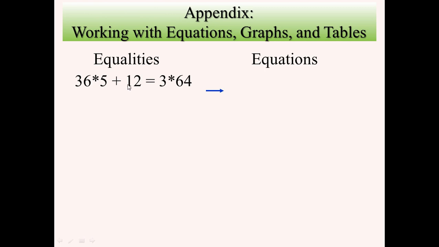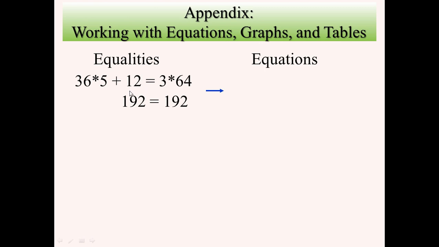We call this expression an equality because the left hand side is equal to the right hand side. 36 multiplied by 5 plus 12 equal to 3 multiplied by 64. This is an expression of equality.